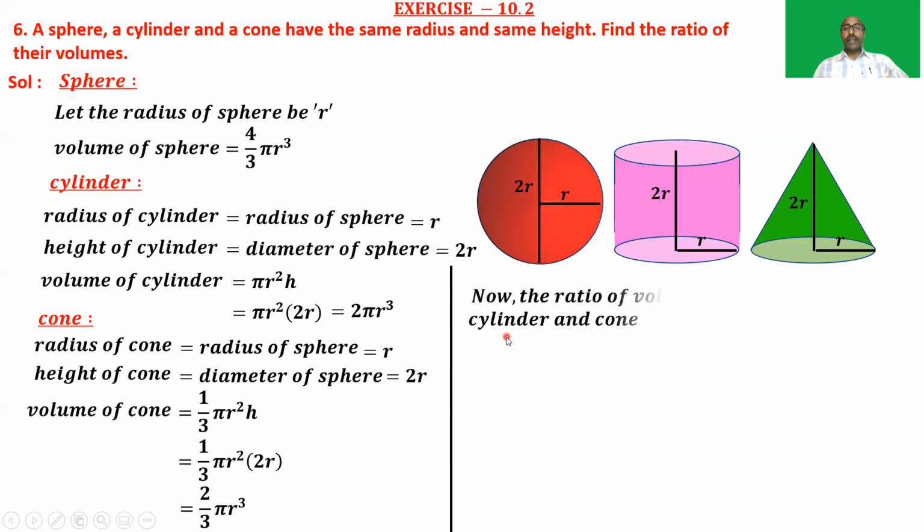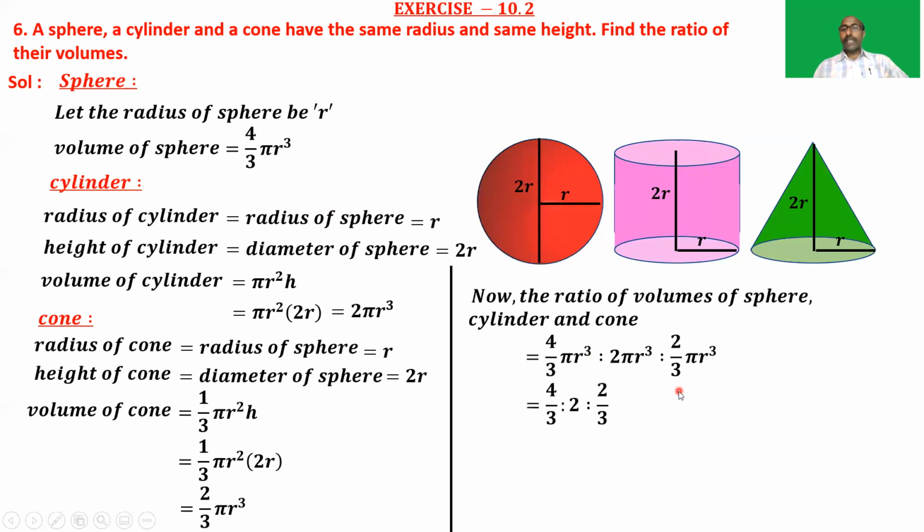Now the ratio of volumes of these three figures, that is sphere, cylinder and cone, is equal to 4 by 3 pi r cube is to 2 pi r cube is to 2 by 3 pi r cube. So pi r cube is common in all these terms. So we can divide all these terms by pi r cube and we get 4 by 3 is to 2 is to 2 by 3.